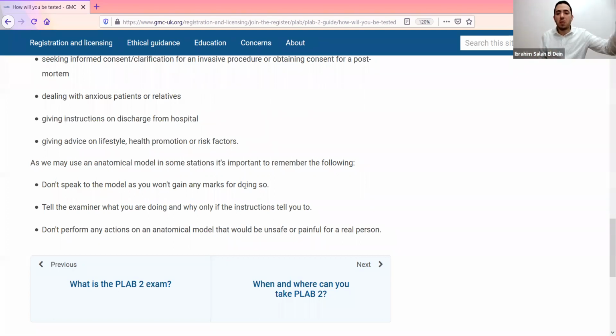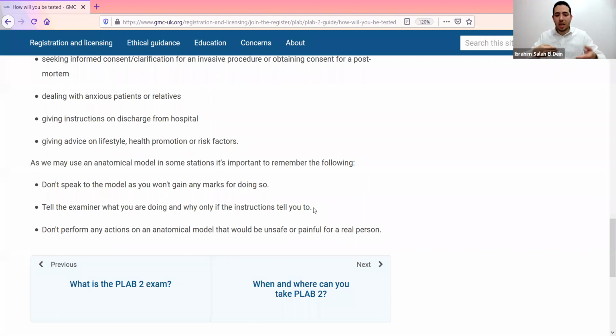You can speak to the simulator, because in some stations you will have three: simulator, model, and examiner. You can speak to the simulator or even the examiner according to the station, and tell the examiner what you are doing and why, only if the instructions tell you to. So tell the examiner the steps if it is written in the task outside the cubicle.